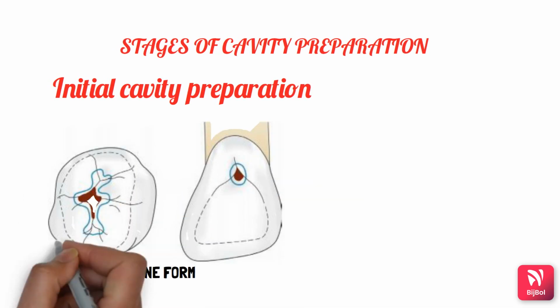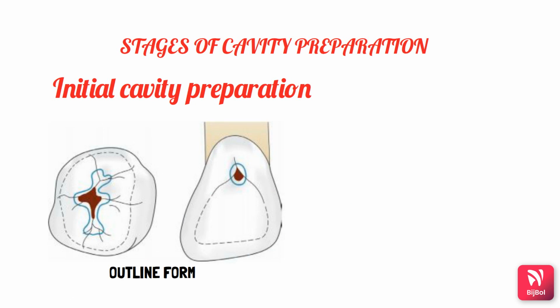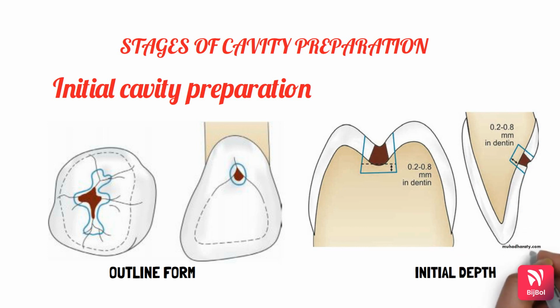It should remove all the friable or weakened enamel, including all the faults, and place the margins in the cavity preparation such that good finishing of the margins of the restoration is possible. Now we'll see the initial depth. We should restrict the depth of the preparation into the dentin to a maximum of 0.2 to 0.8 mm in the dentin, and it should be 0.2 mm beyond the DEJ or 1.5 mm from the central pit in the enamel.